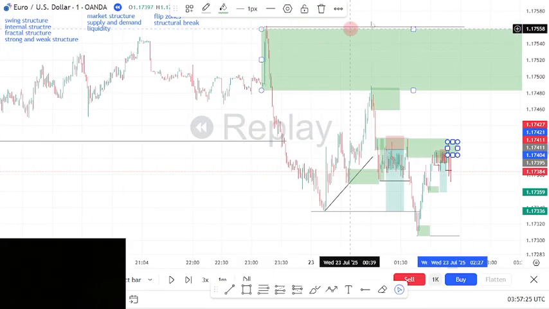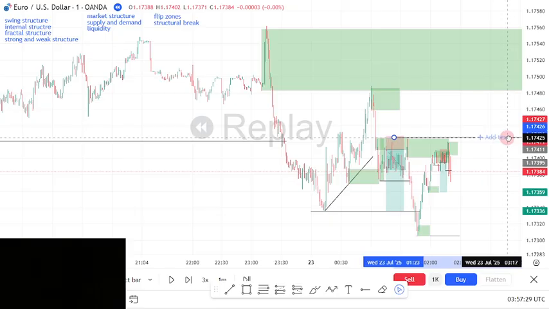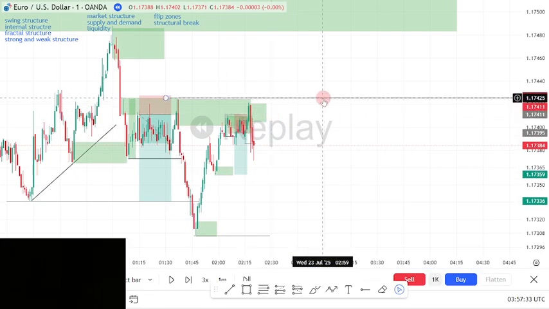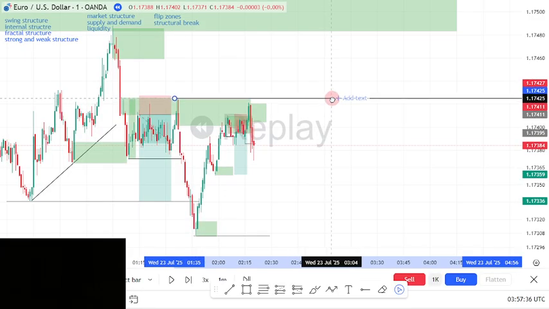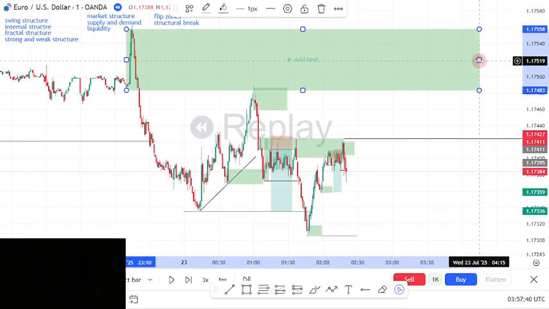This one has to remind me that I'm trading within this range. Here's the internal structure, the internal structure that I'm trading within.